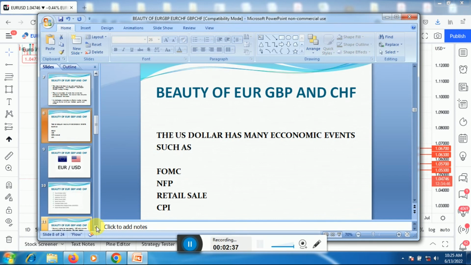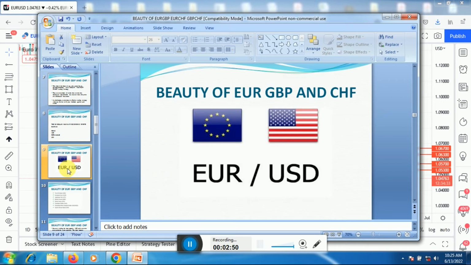So the dollar pairs, most of the time, tend to move and react to these news events that occur during the dollar trading hours.